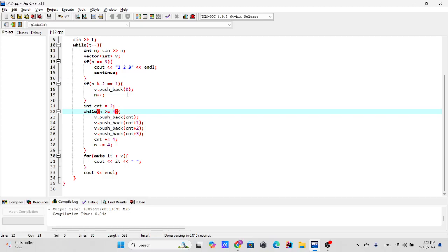It's equal to larger than 4. Larger than 4. Larger or equal to 8.